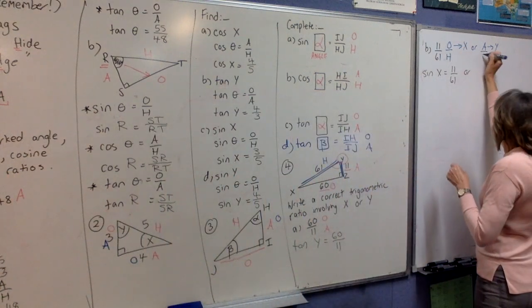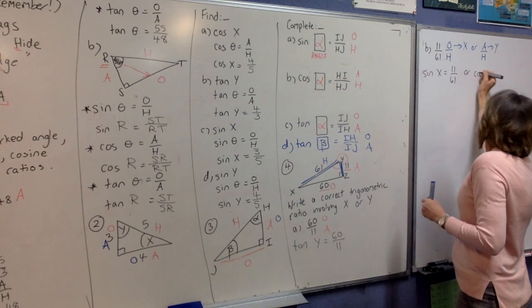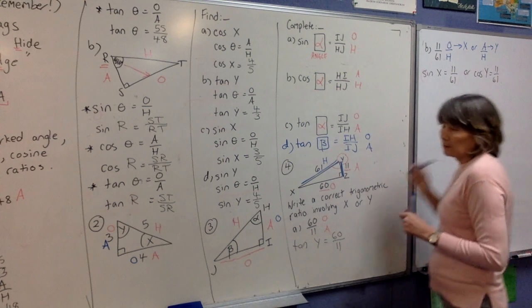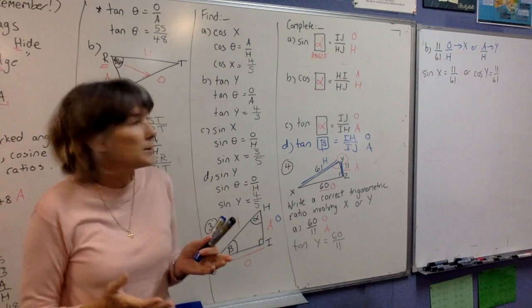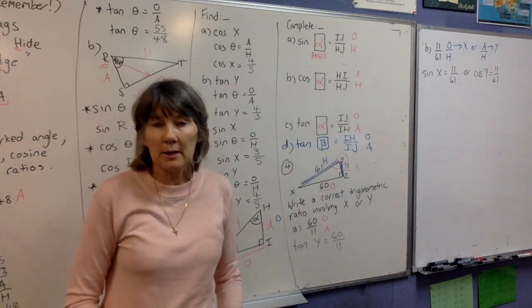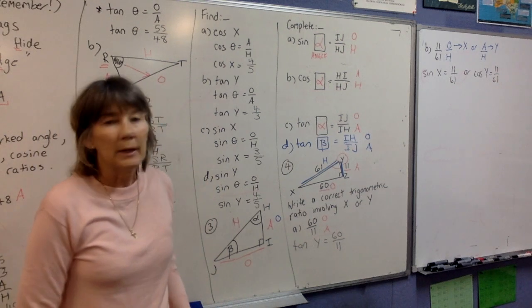So instead of O over H, it's going to be A over H, which is a cos of y equals 11 over 61. So both of those would be right, okay? You've got two answers in that last question that could be correct. You can write sine x equals 11 over 61, or you can write cos y equals 11 over 61.